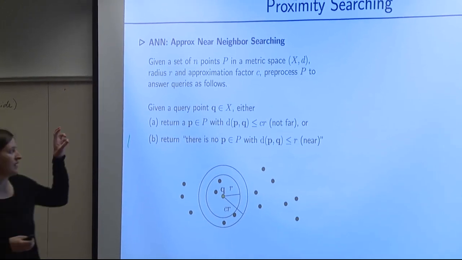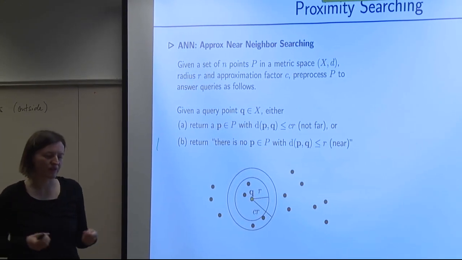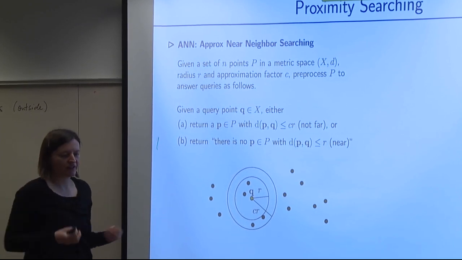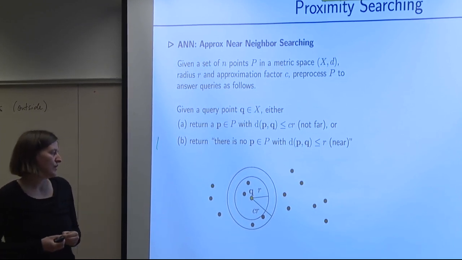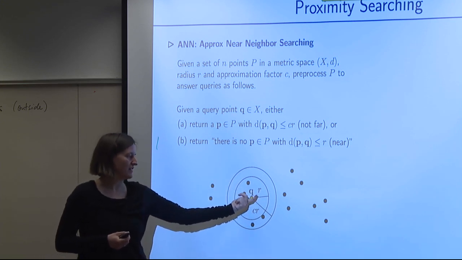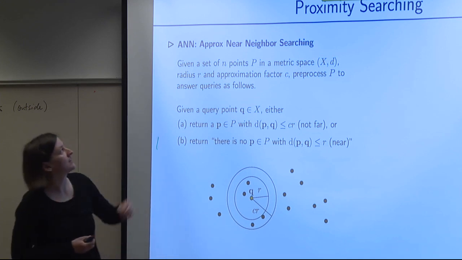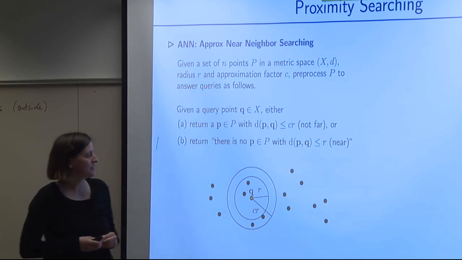Basically, you have a set of points in a metric space, and you want to pre-process them so that when a new point comes, you return a point that is nearby, and nearby is defined by a radius r that is known at pre-processing time. This is why we're looking at near neighbor searching.